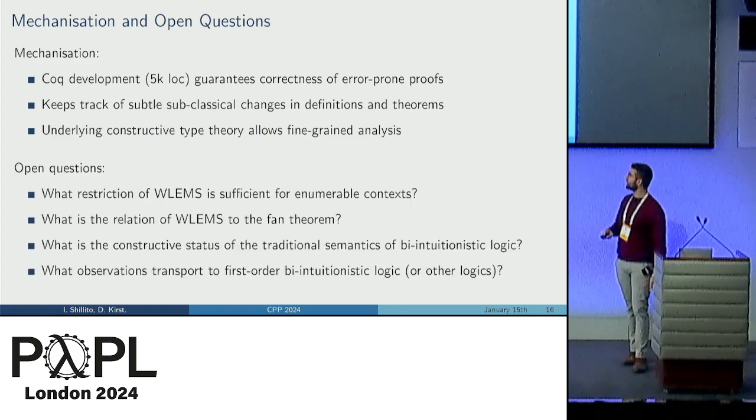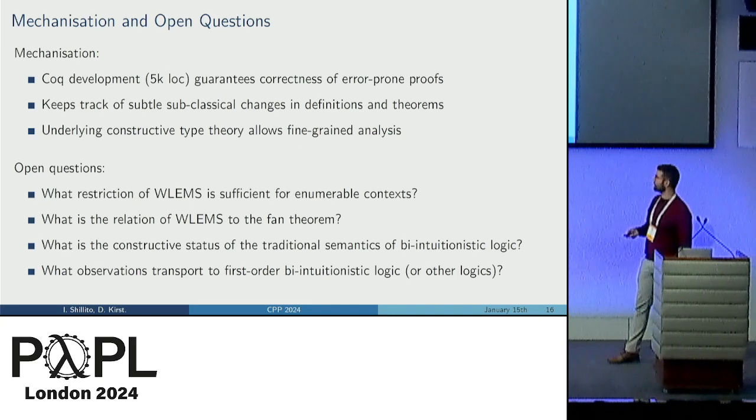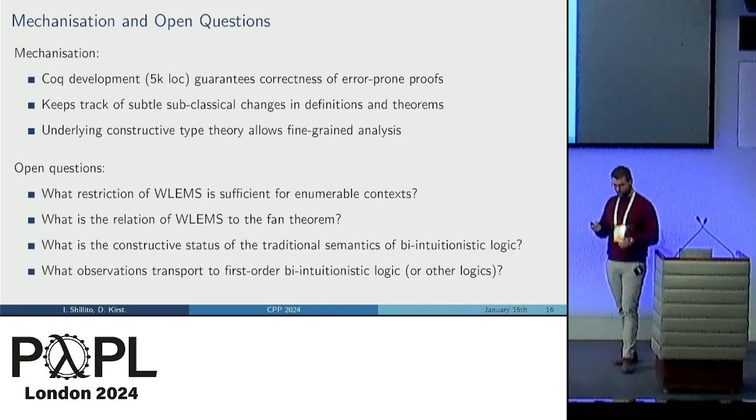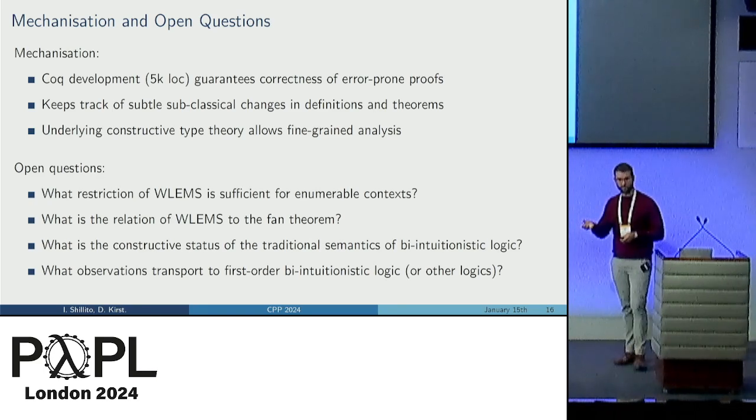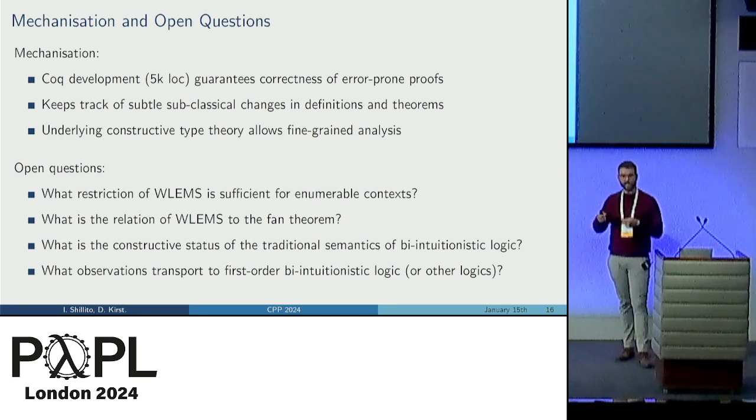Okay, so that's kind of the reason why Coq was the proof assistant of choice for that project. Now, to give you an idea of the future plan. One thing we are still puzzled about: we now know, for instance, if we are looking at completeness for enumerable context, semi-decidable context, which is kind of the basic case if you look at axiom systems like Peano arithmetic, they're usually computationally tractable in the sense that they are at least semi-decidable.